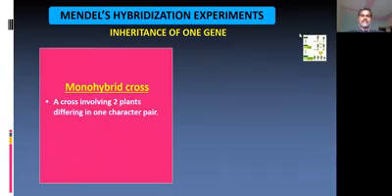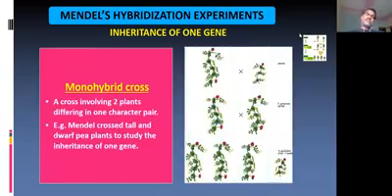inheritance of one gene. Taking into account only one character from each plant, Mendel conducted the experiment that is called inheritance of one gene. It is also called monohybrid cross experiment.